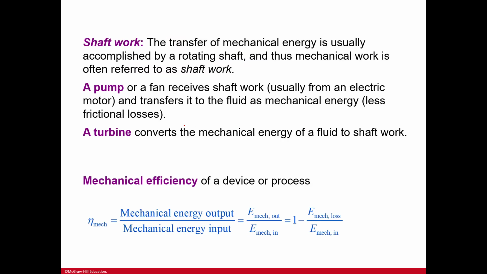Okay, shaft work. The transfer of mechanical energy is usually accomplished by a rotating shaft, and thus mechanical work is often referred to as shaft work. These are used interchangeably. Here's a little turbine on the end of a shaft, and on the shaft you might have a chain or a cog that's turning something else, right?